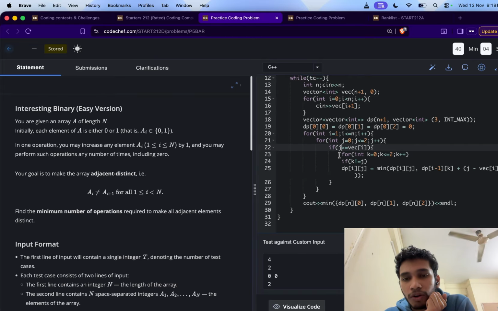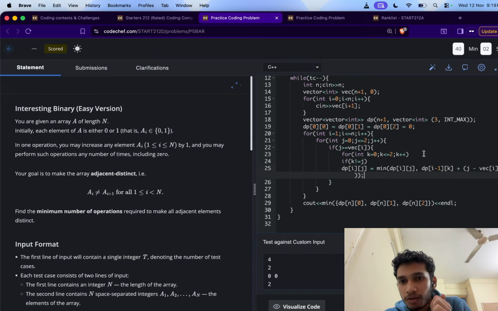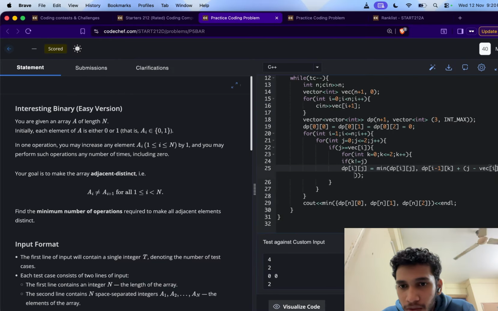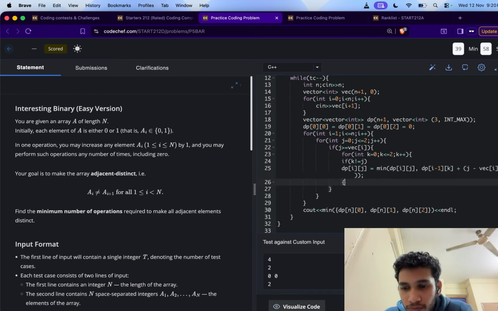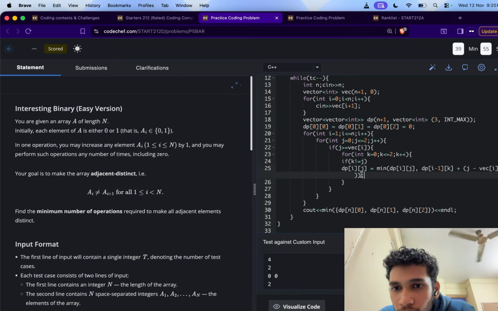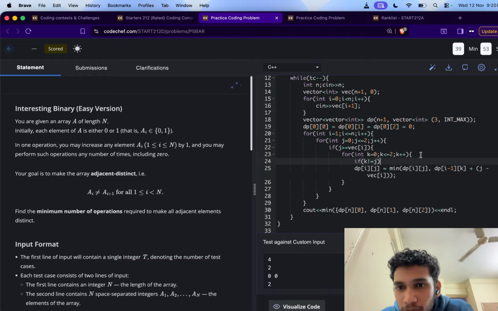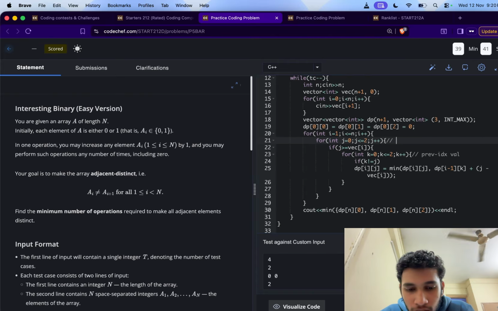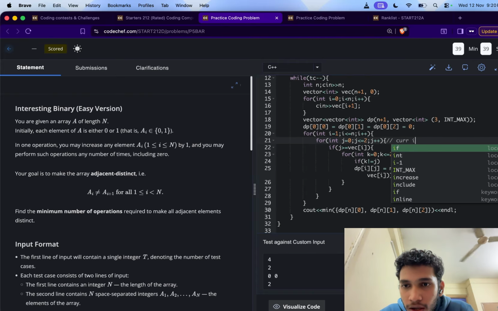And what do we do for the previous value? k represents the previous index value, and j represents the current index new value.